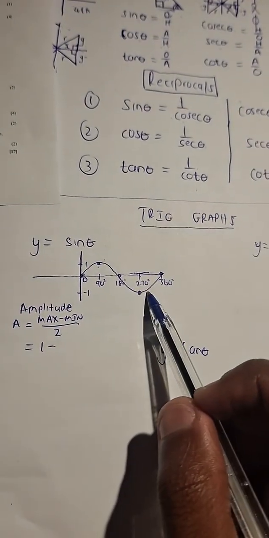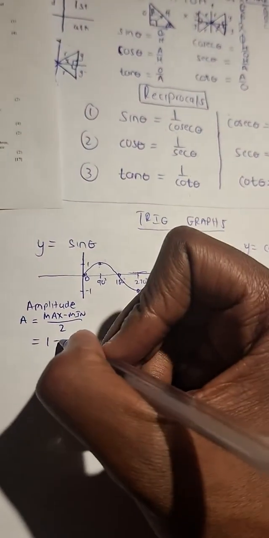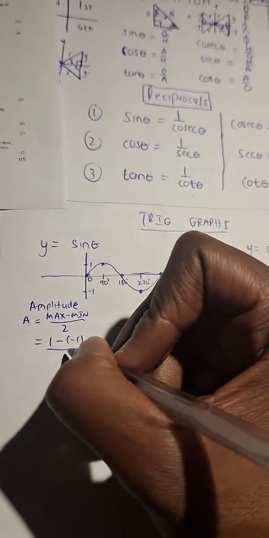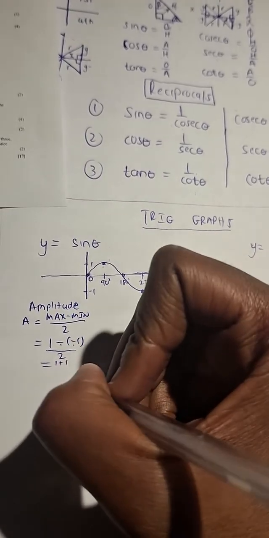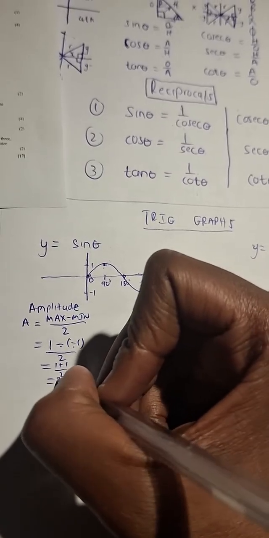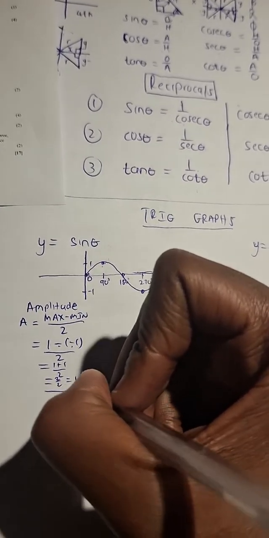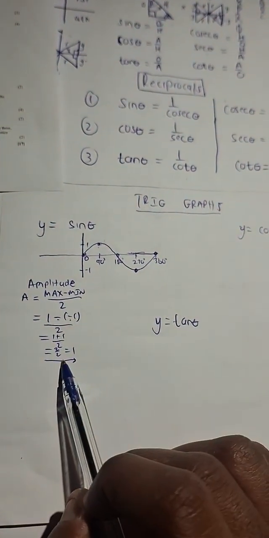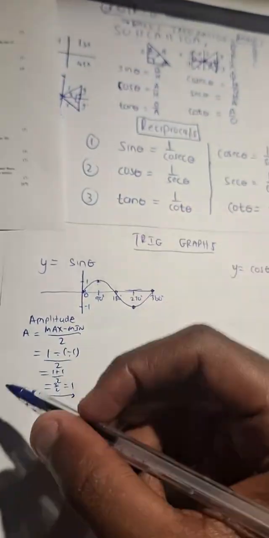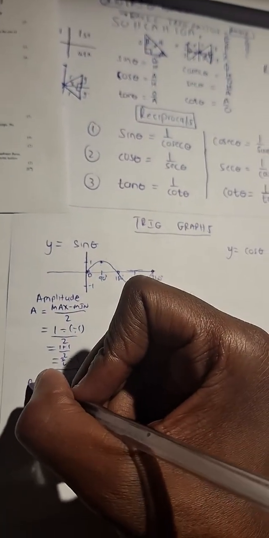You look at the minimum value where this graph touches, it touches at negative 1. So that means 1 plus 1, because a negative times a negative gives me a positive, will give me 2 over 2, which is 1. So we say the amplitude of the mother sine graph is 1. That's one aspect, amplitude.